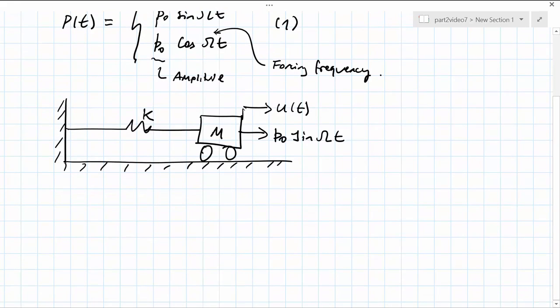Using this setup then, the equation of motion can be written as the inertia force plus the stiffness force, this time set equal to P0 sine capital omega t.